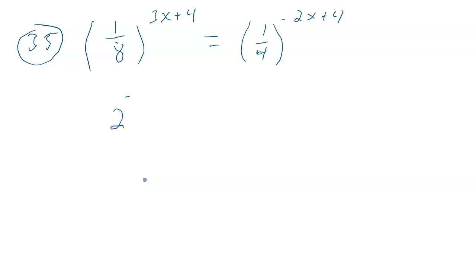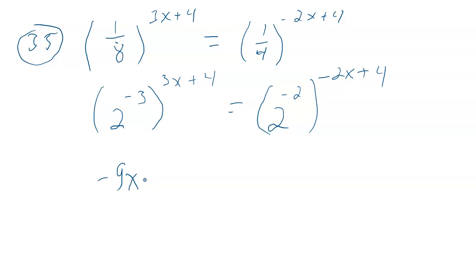So we get 2 to the negative 3 raised to the 3x plus 4 and 2 to the negative 2. I hope that makes sense. 2 to the third is 8, so 2 to the negative third has to be 1/8. 2 to the second is 4, so 2 to the negative second is 1/4.